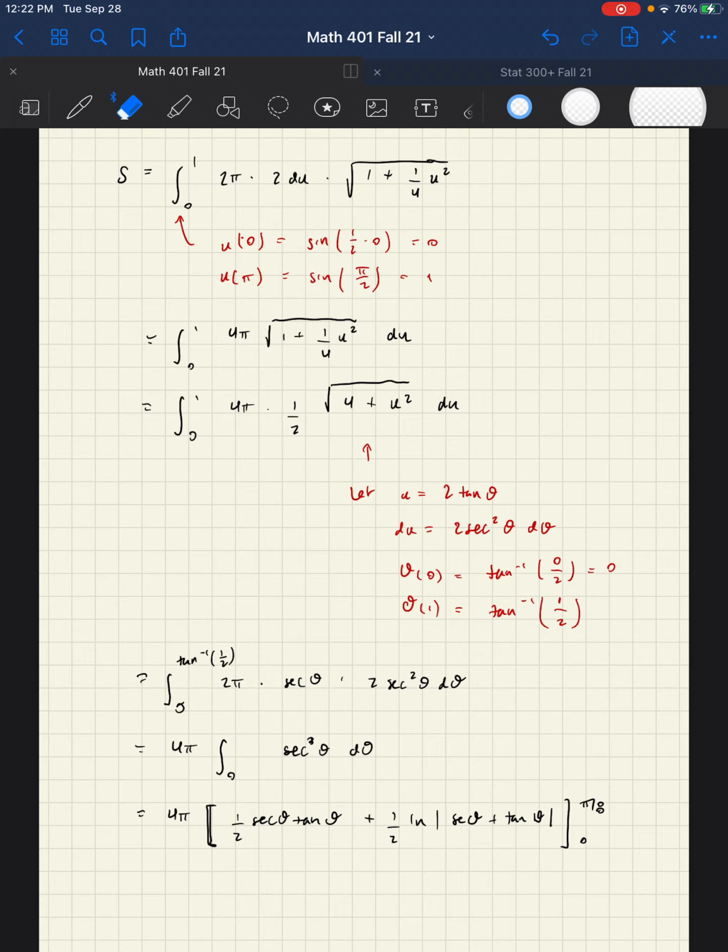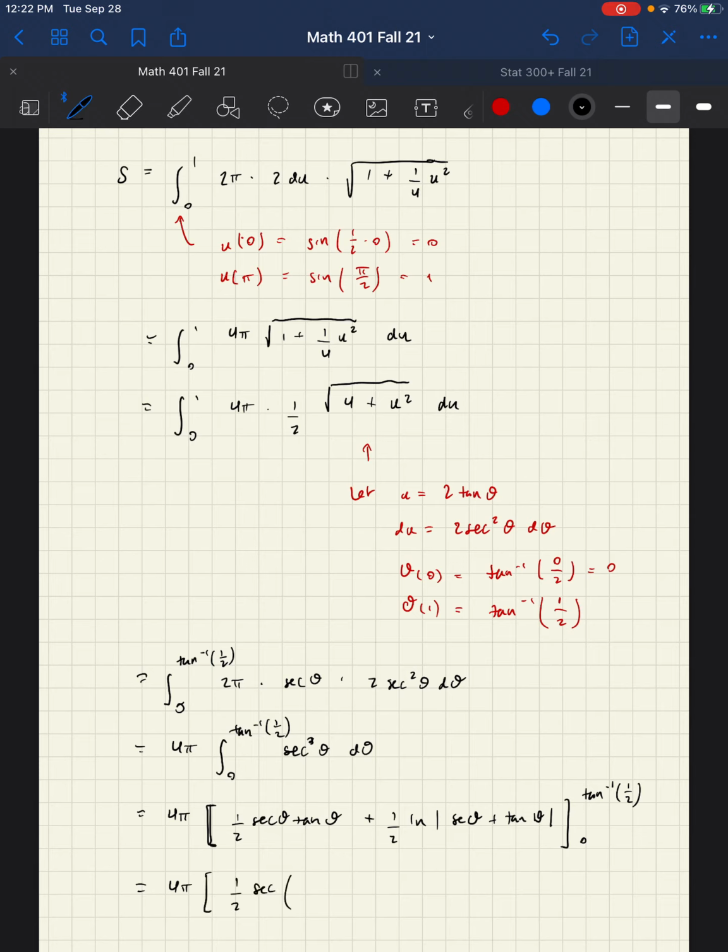We'll leave that in there for now, but that's a different answer. So we're evaluating at two different angles. The 0 one shouldn't have changed, but we're evaluating tan inverse of 1/2. Okay, so that makes more sense.